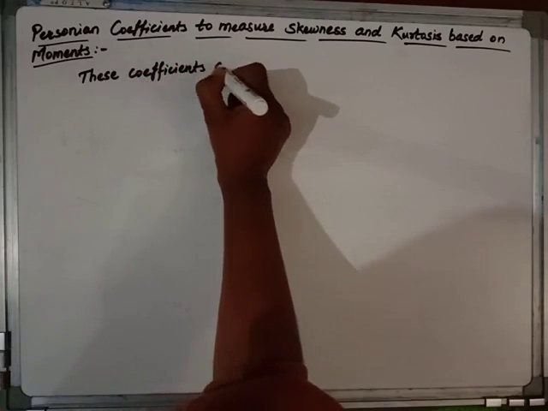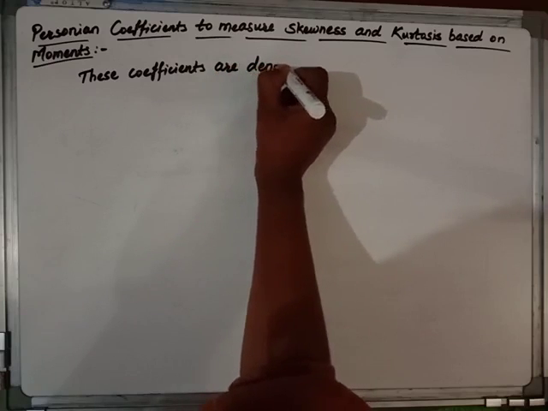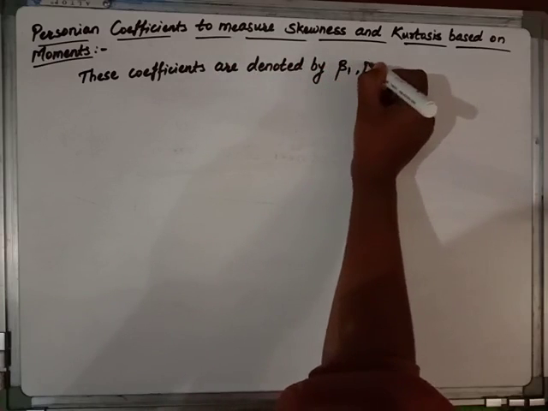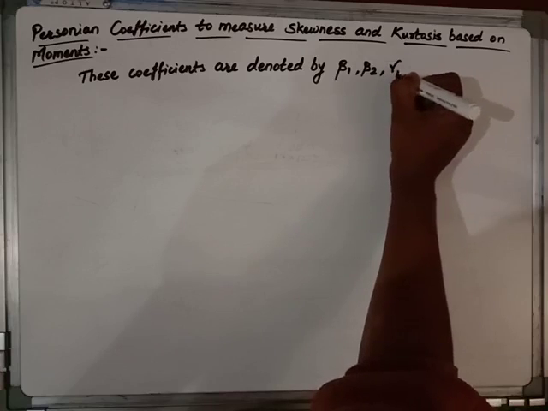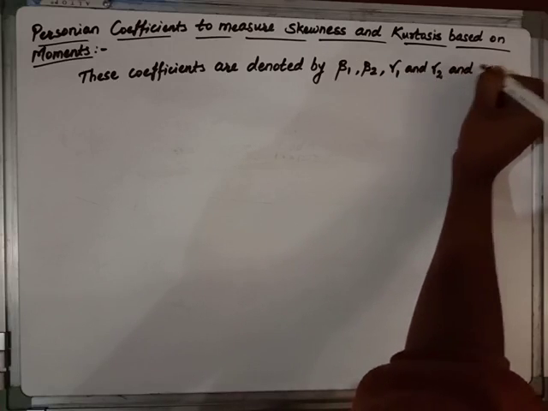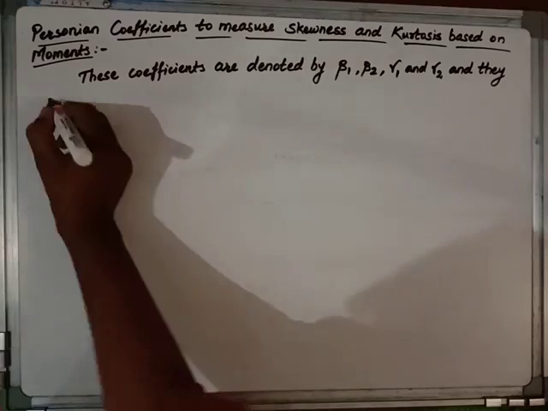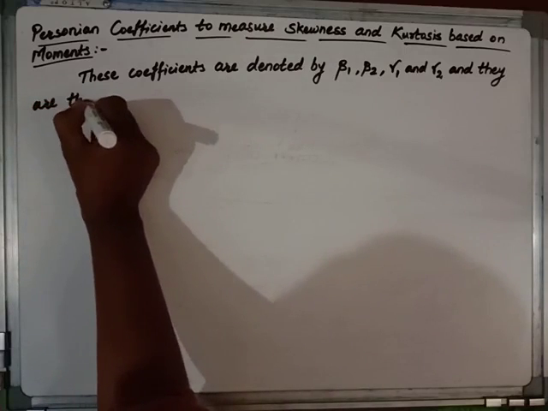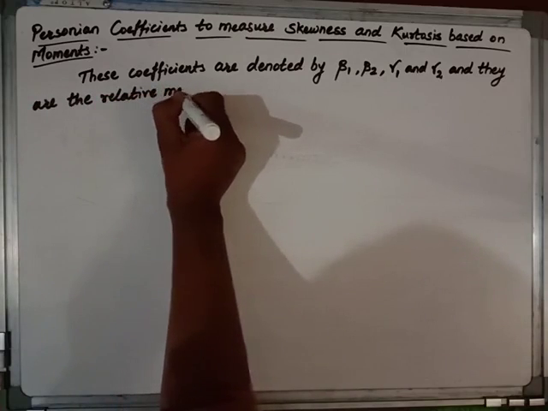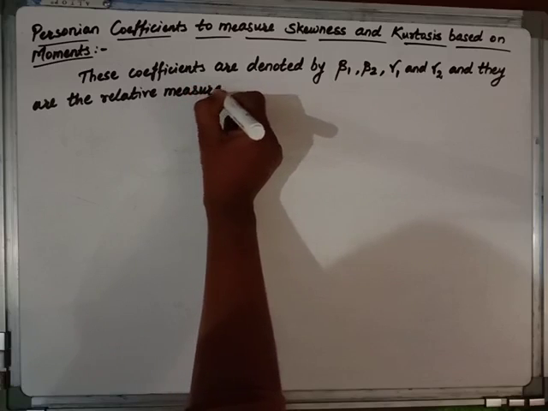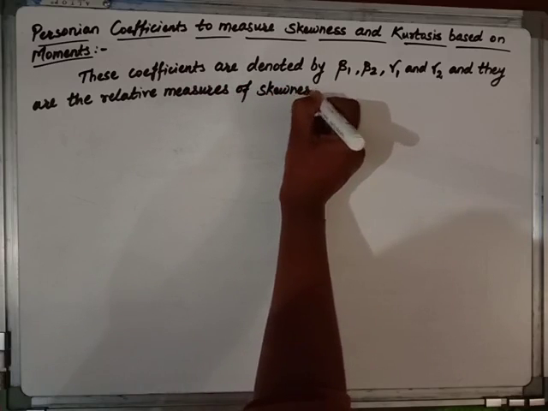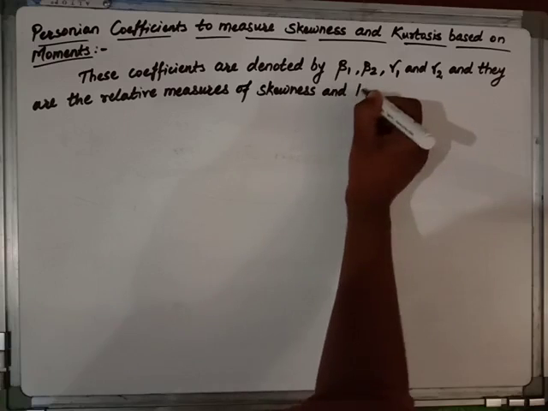These coefficients are denoted by beta 1, beta 2, gamma 1 and gamma 2, and they are the relative measures of skewness and kurtosis.